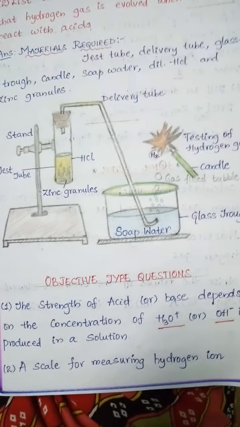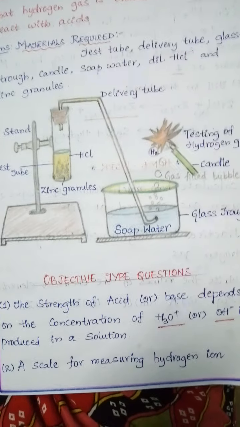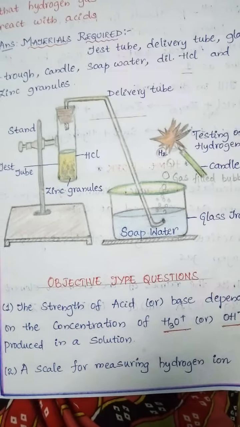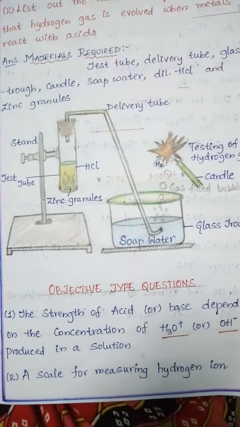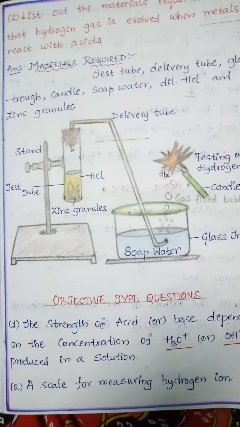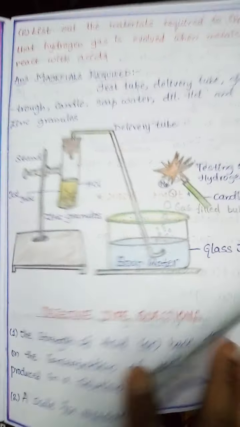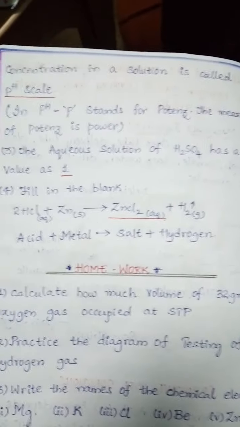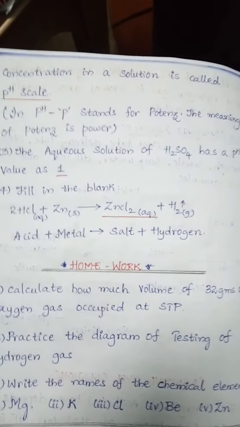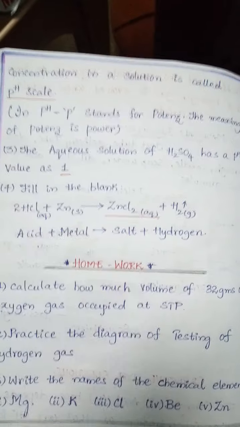Already you know that OH minus ions are called hydroxide ions. Now the second bit: a scale for measuring hydrogen ion concentration in a solution is called dash, which is nothing but the pH scale.